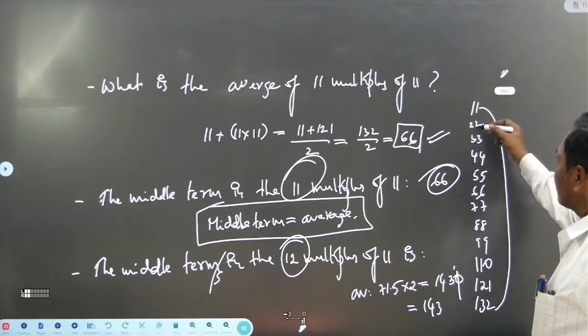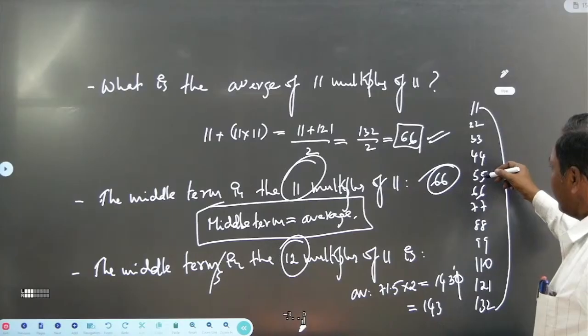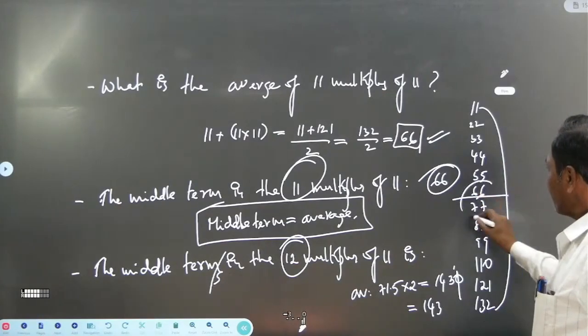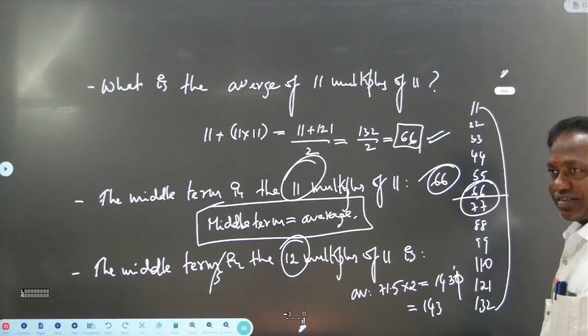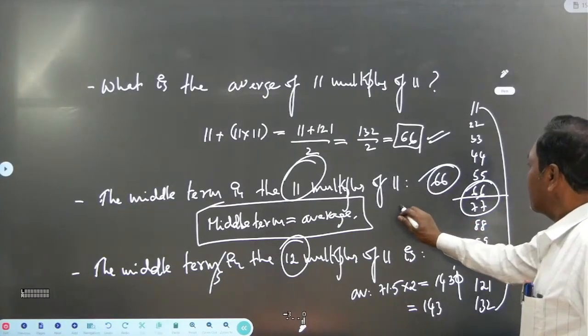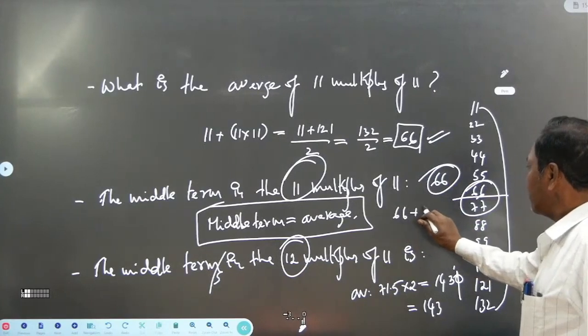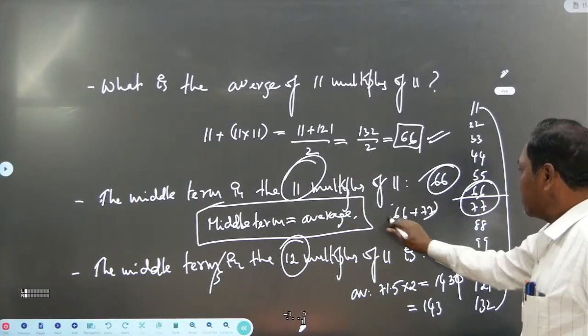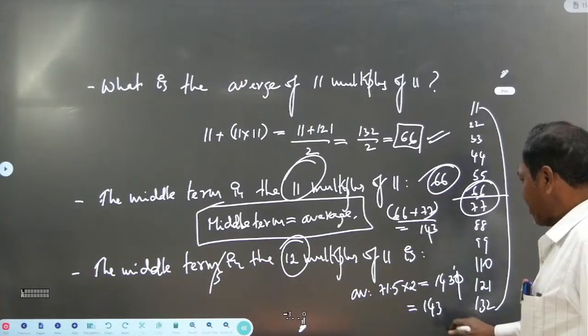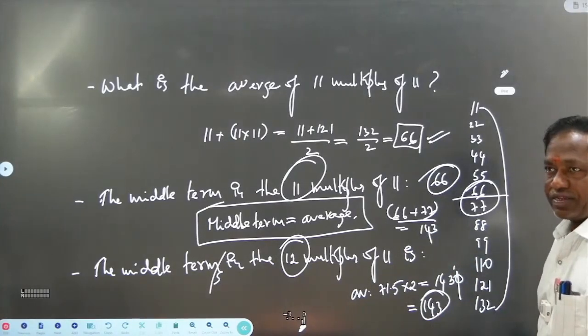1, 2, 3, 4, 5, 6. There are 12 numbers, so you have to take both numbers: 66 plus 77, which is 143.